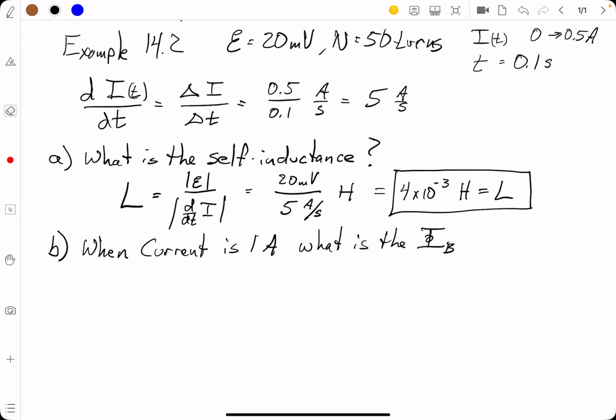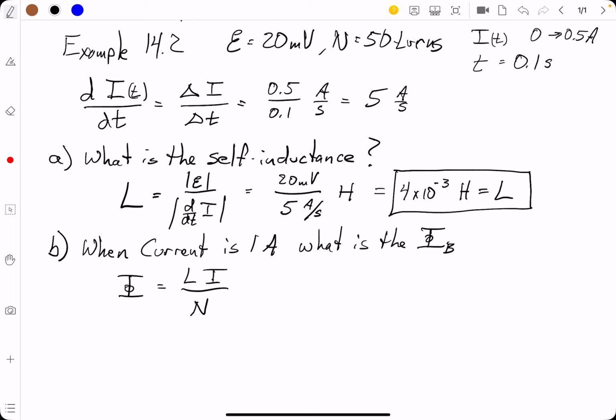Here's where we're going to go back. You can go back up the screen or whatever to look at our equation for flux. So this equation, right, you might want to write it down in all the different ways, right?